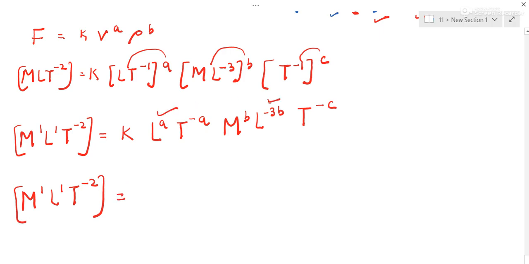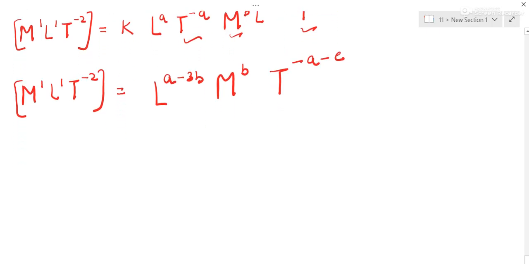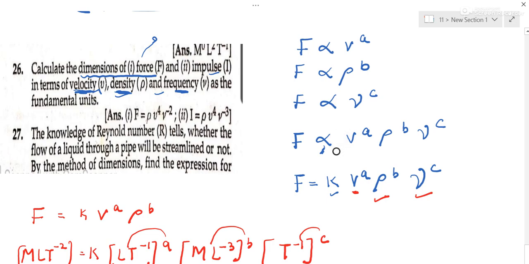L and L, two terms, so L to the power A minus 3B, mass only one term, M to power B, and time has two terms, minus A and minus C. Now you can equate powers and use your general mathematics to find the different variables and then substitute, and then you can match your answer with this.